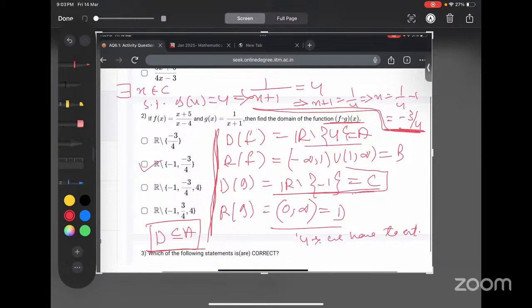So if we exclude 4 from D, then D will be a subset of A. Okay, that's how we arrive at 4. Got it. Okay.